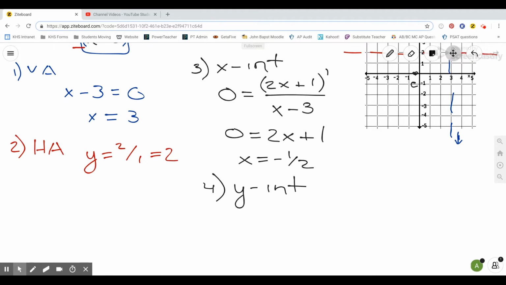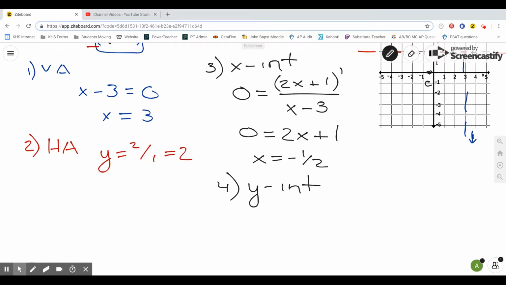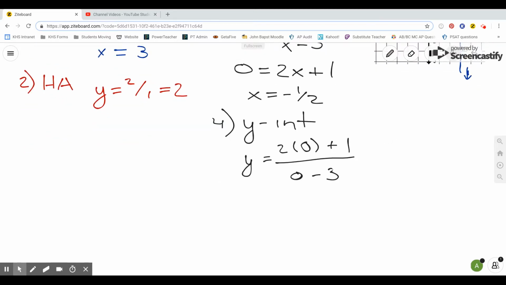Now for the y-intercept. Y-intercept happens when x is 0. So when x is 0, we are going to have y equals (2 times 0 plus 1) all over (0 minus 3). So I'm just plugging in 0 for all of the x's. When I do this, we have a 1 in the numerator and a negative 3 in the denominator.